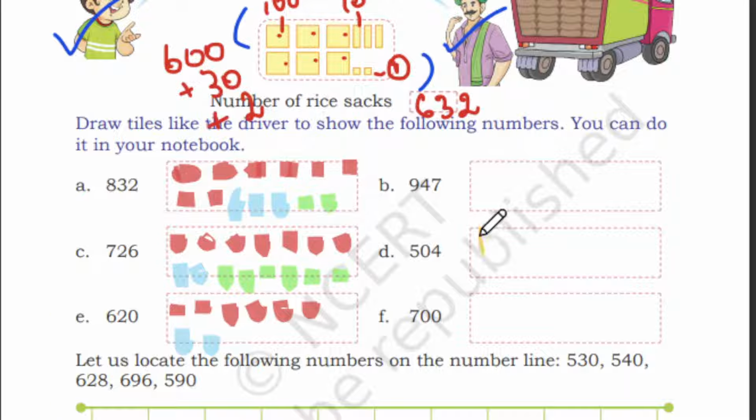So 1, 2, 3, 4, 5. 5 hundreds, and there is no tens. We have only ones, 4 ones. So smaller 1, 2, 3, 4. Okay. So this one is very, very easy. All right. So let's see the next one.